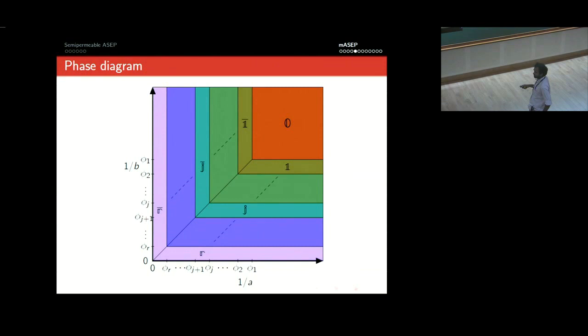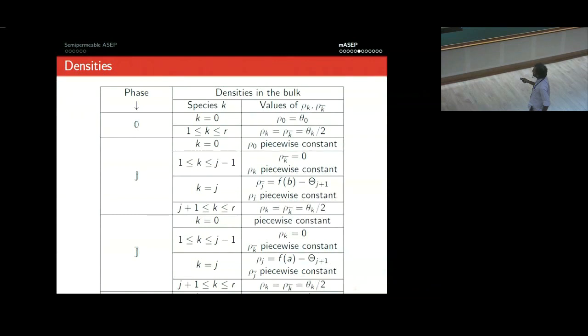For any j, I look at phase j, and for every species k, I can write down all the densities, and similarly for j bar. The thing that I would like you to appreciate is that in phase J, for each J, rho sub k bar is 0 for all k which are less than J, which are between 1 and J minus 1.